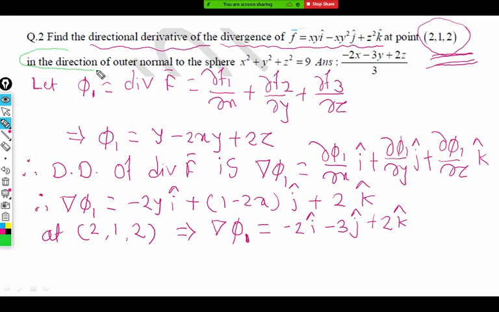in the direction along the outer normal to this sphere. How do we get the normal vector to the sphere first? How do we get a normal vector of the surface of the sphere? Is it the tangent? No, tangent is different, normal is different.